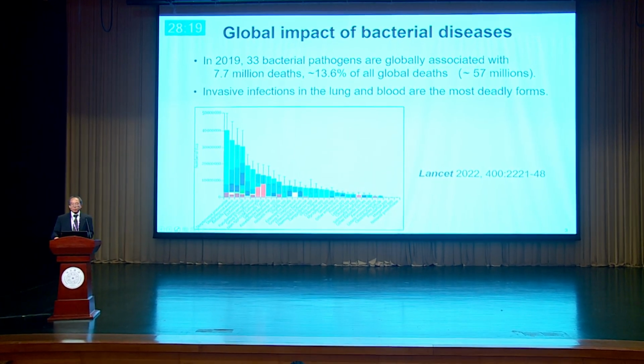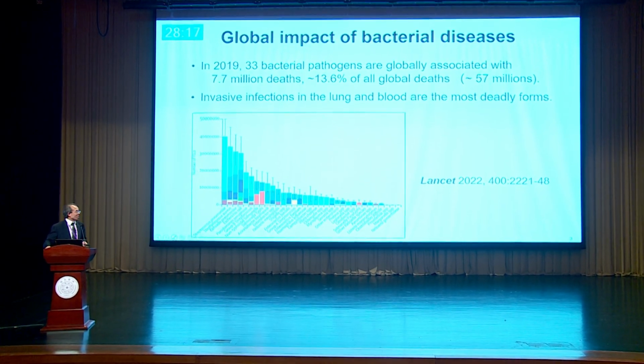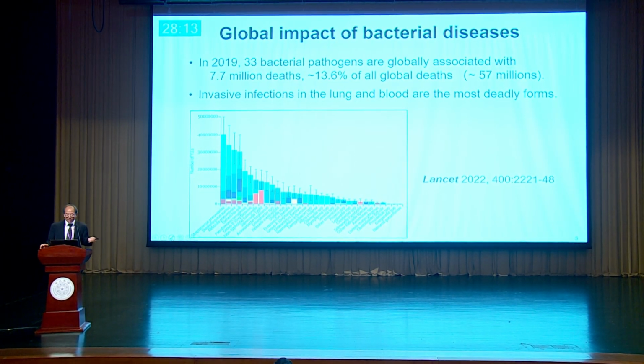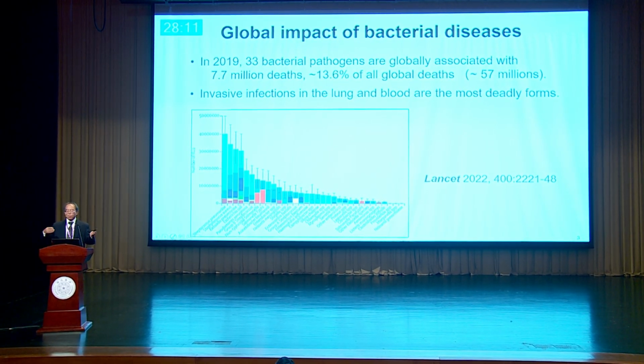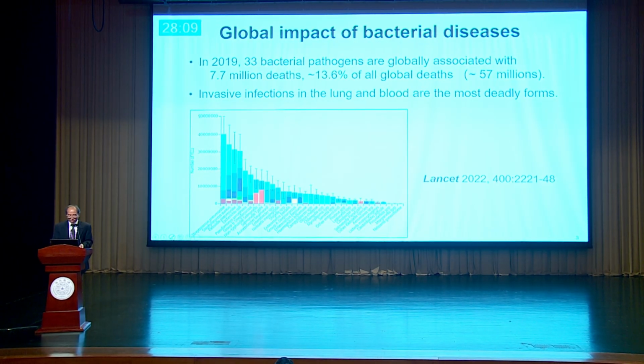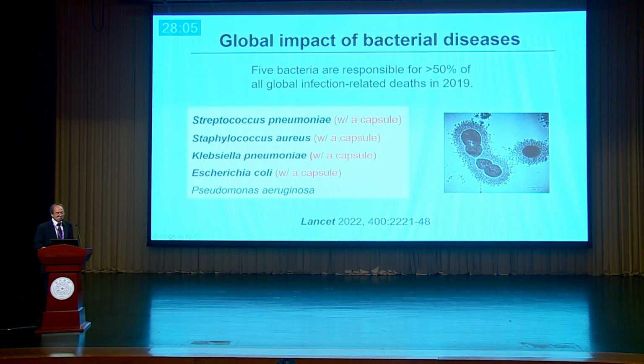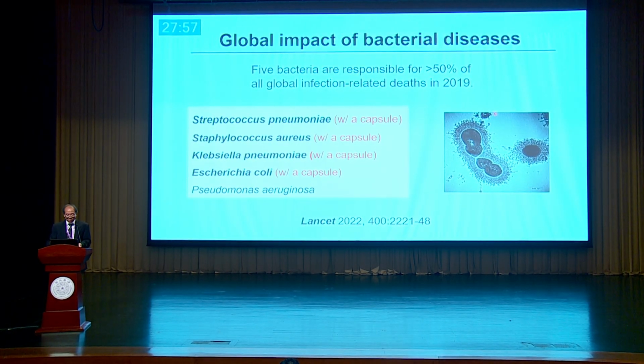Okay, so I think Cesar already gave a very nice introduction of how bacteria impact our human health, and I'm not going to labor through the numbers. We all know that bacteria are important. Of all the bacteria that cause human mortality, there are four or five majorly responsible for the death.